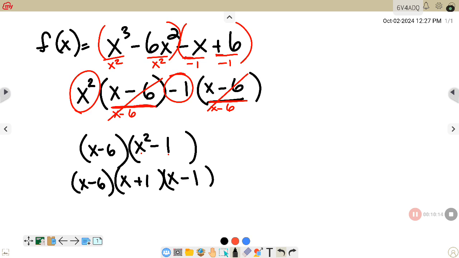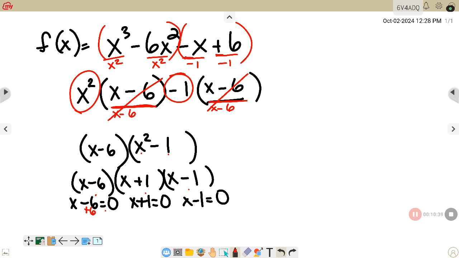So now you'll notice that all of these are in complete factored form, which means they're all ready to set equal to 0. So I'll have x minus 6 equals 0, x plus 1 equals 0, and x minus 1 equals 0, and solve them for x.